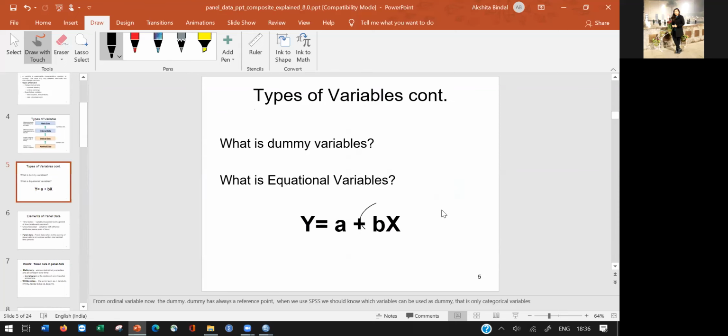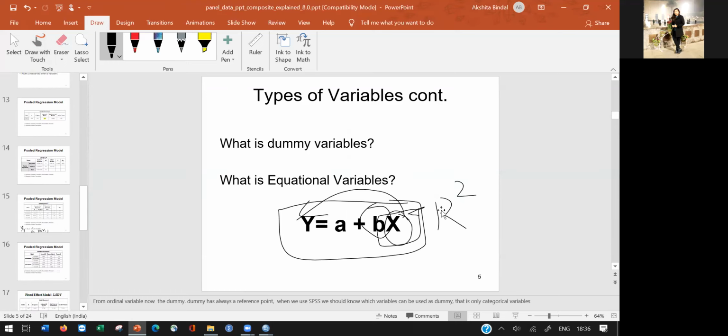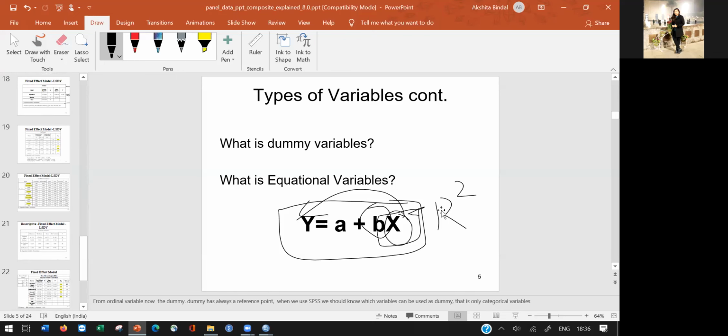This coefficient explains that when I change my value of x, what would be its impact on y. Now when I study the whole model, then this is explained by the r square. But when I have to study the individual effect, when I have to only study the x individually, then this would be explained by my partial eta square.